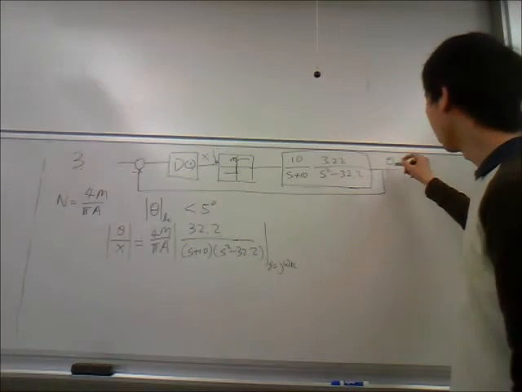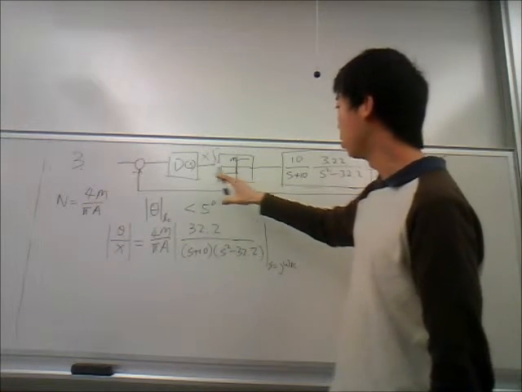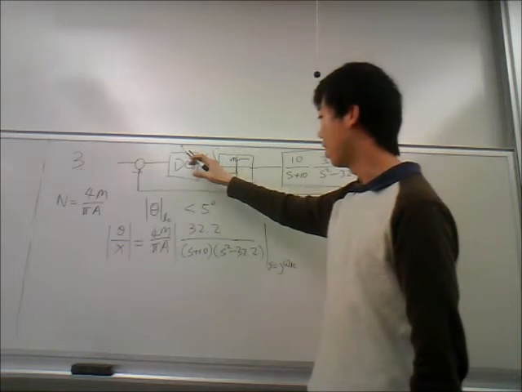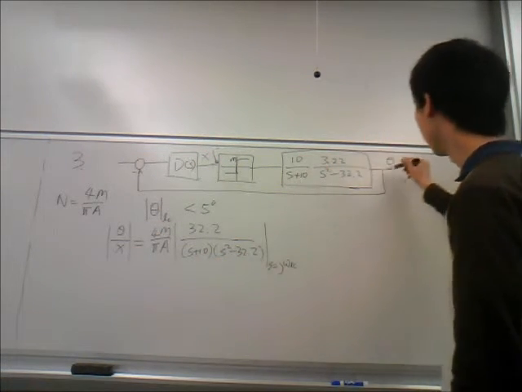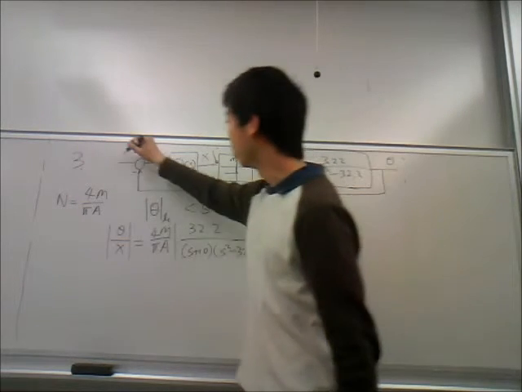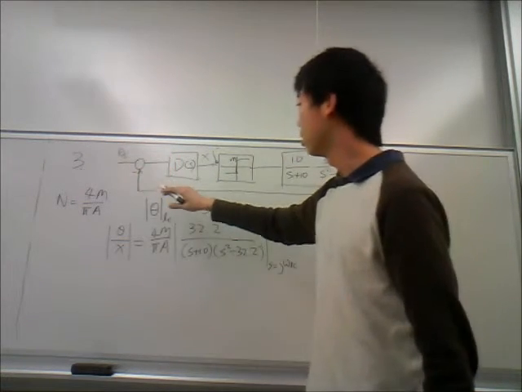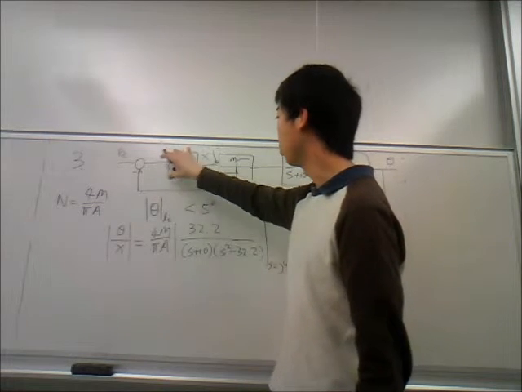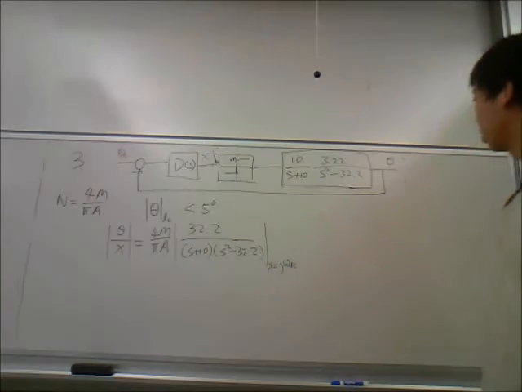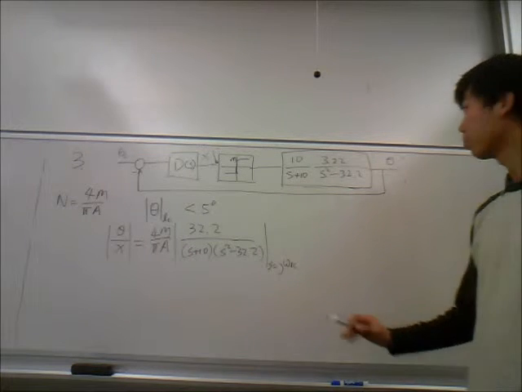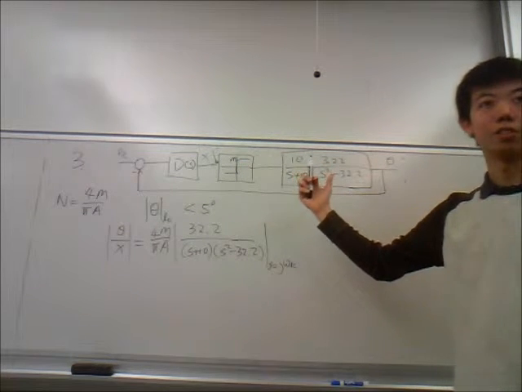Of course, you could do x over theta or something like that. Well, first you could invert that, but second, if this is theta command, x equals D times theta command minus theta. So going this way is definitely easier in this case.